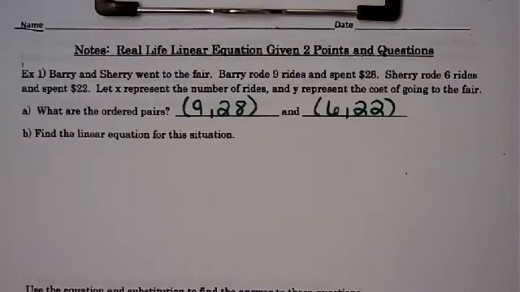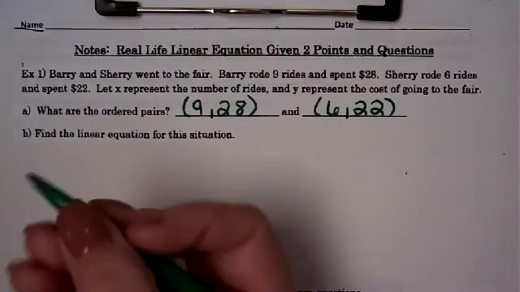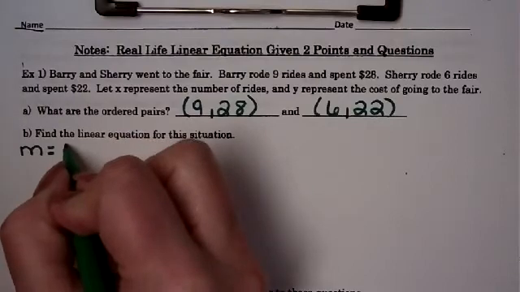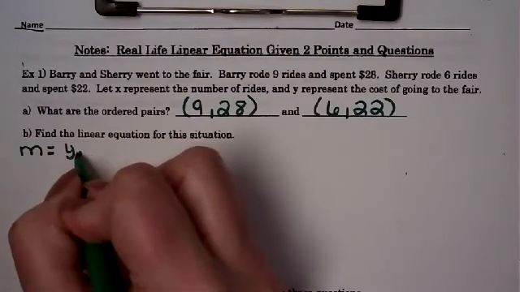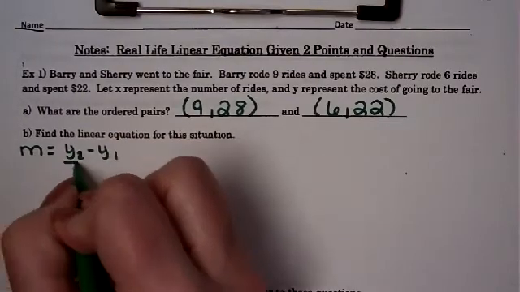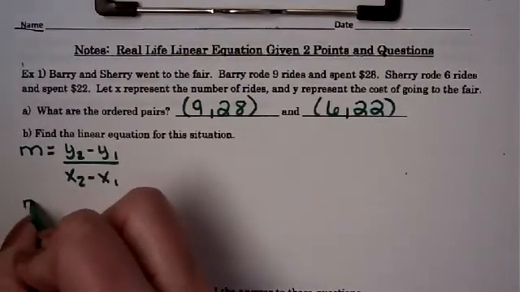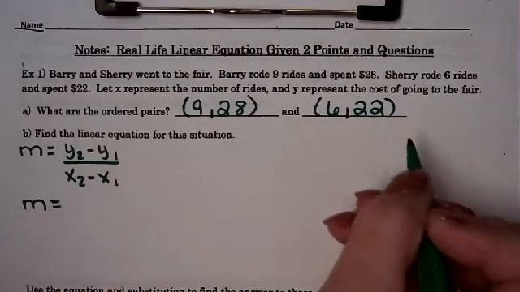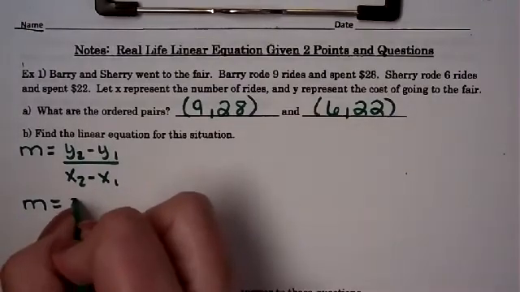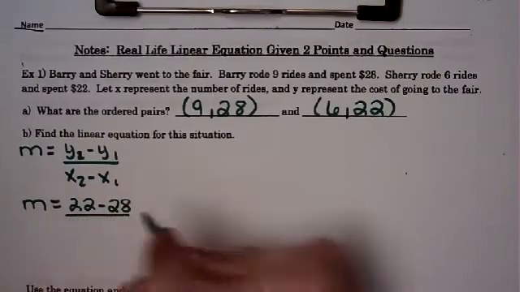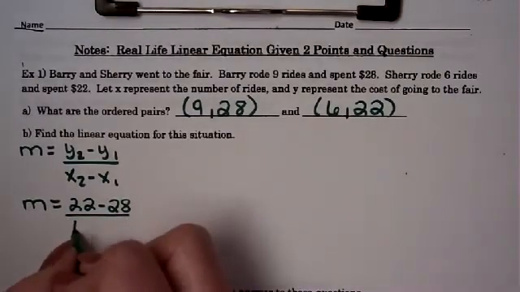Now, our first instructions here is let's find the equation. Now, again, this is just like our last lesson. First thing we got to do is come up with the rate of change or the slope. So I'm going to just write down my formula right here. And now I'm just going to put in my numbers. I'm going to put in 22 minus 28 over 6 minus 9.